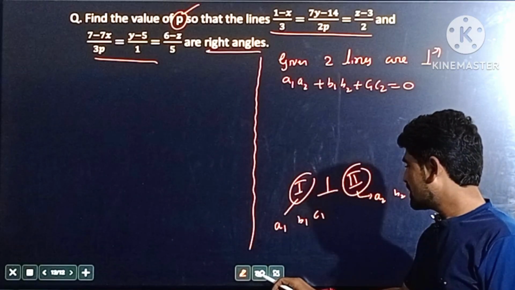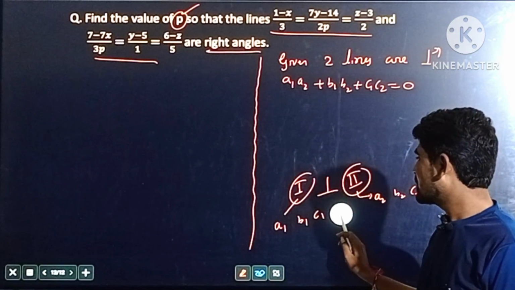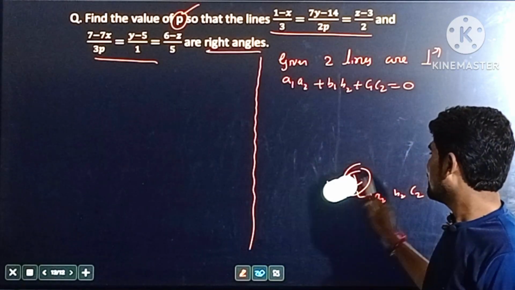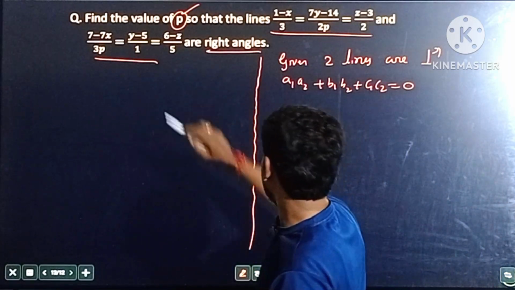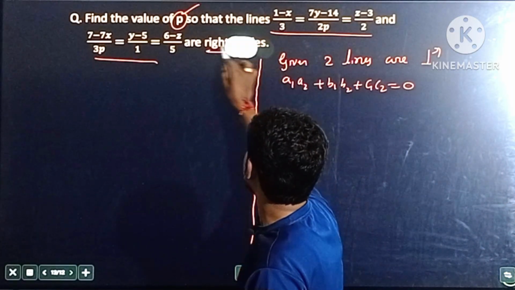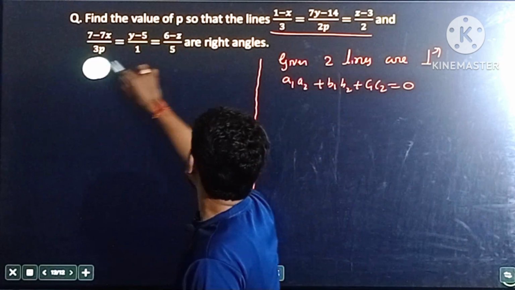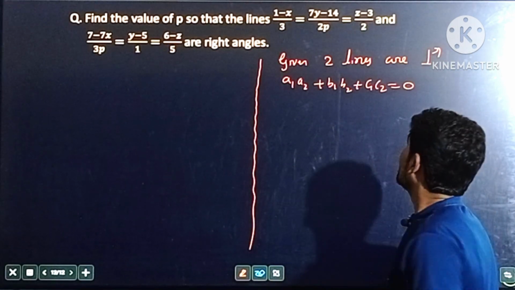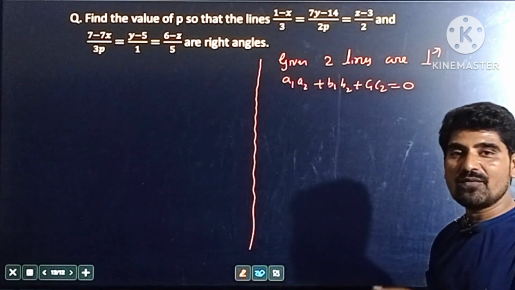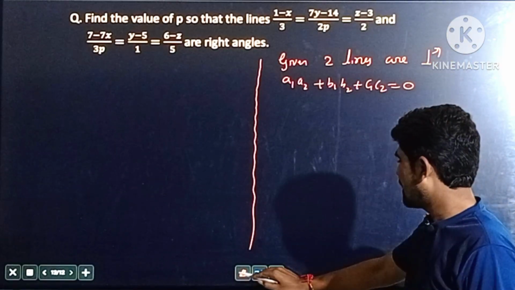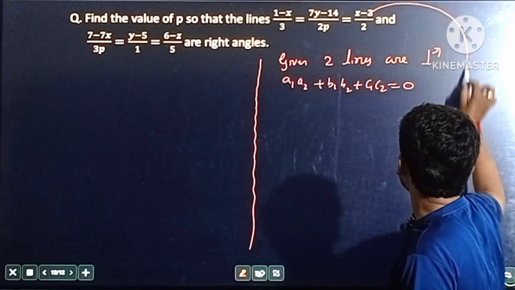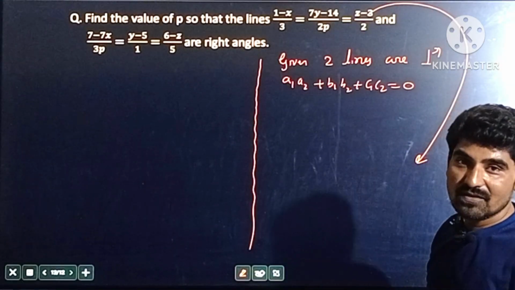If A1 A2 plus B1 B2 plus C1 C2 equals 0, we need to identify the value of P. See here, to identify the value of P, first we need the values of A1, B1, C1 and A2, B2, C2. To obtain the values of A1, B1, C1, compare this first given line with the standard equation of a line.